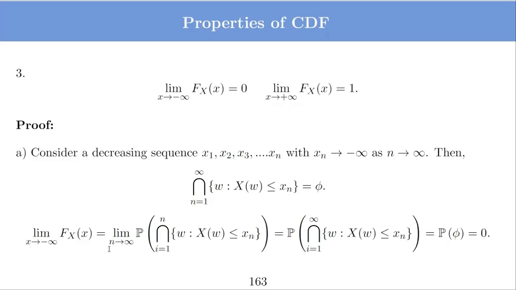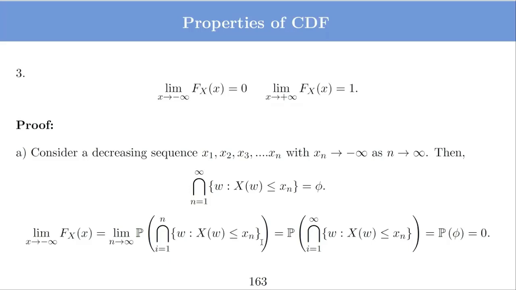Now we can say from the probability measure again that the limit as x tends to minus infinity of FX(x) is nothing but the limit as n tends to infinity of FX at xn. And FX at xn is the probability of the intersection of all these sets.